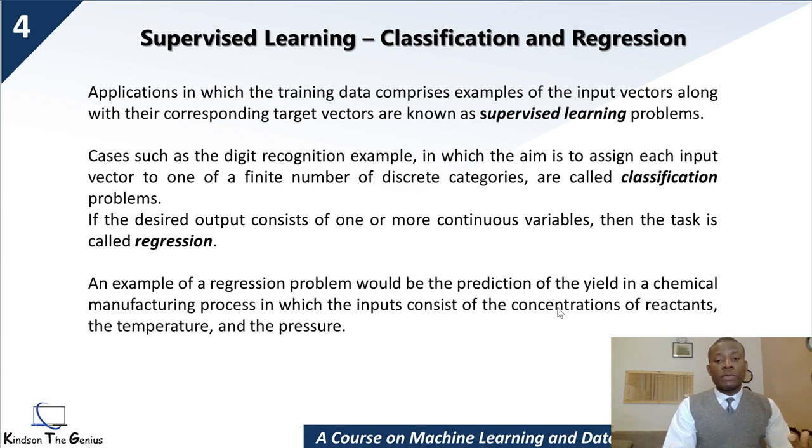Let's take an example of regression: we are going to predict the yield in a chemical manufacturing process where the input consists of concentrations of reactants, the temperature and the pressure, and you need to predict the yield, or the output. In this case the yield is a continuous variable; it can be 1.3, it can be 10.56. It's continuous, with an infinite number of possible values.